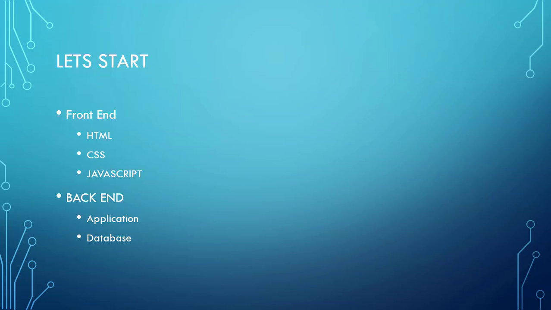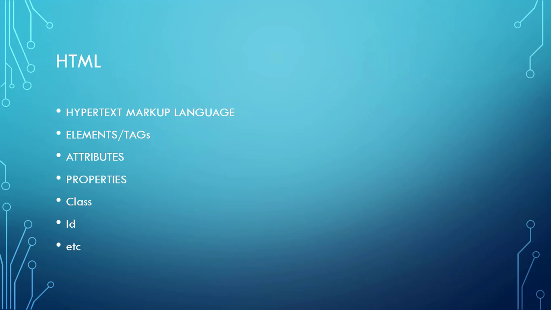Let's come back. So we are going to see HTML, CSS and JavaScript. I'm going to take you through part by part so that you get an understanding of how they work. So what is HTML? HTML is basically hypertext markup language. It is just a combination of elements and tags. What is an element? We are going to see.